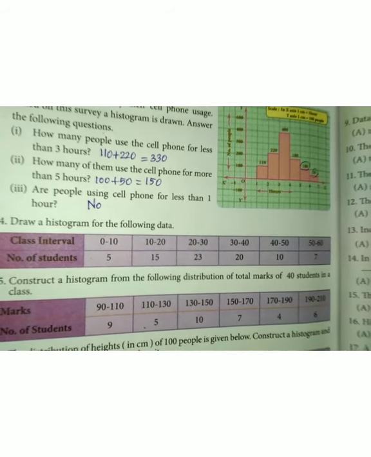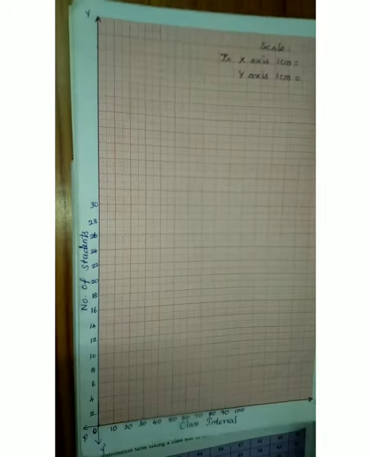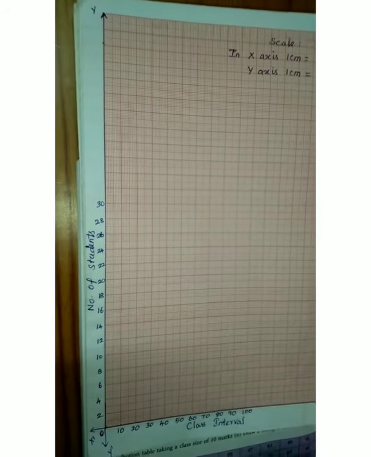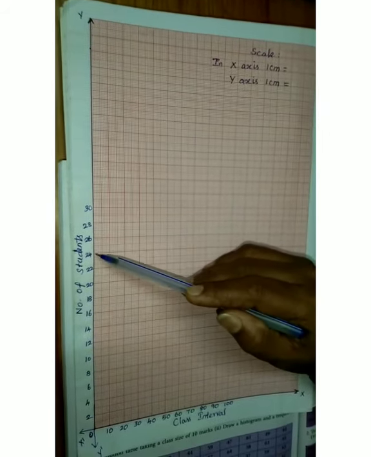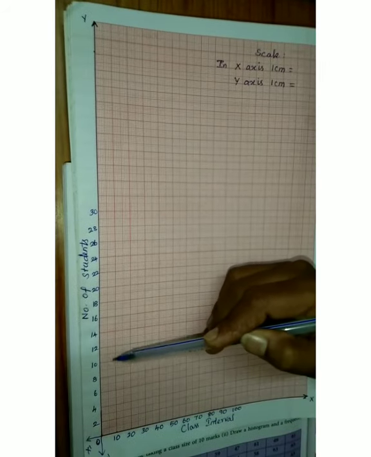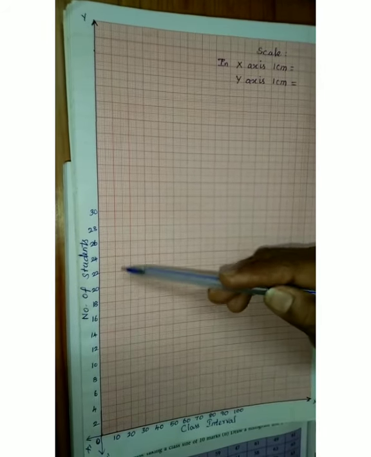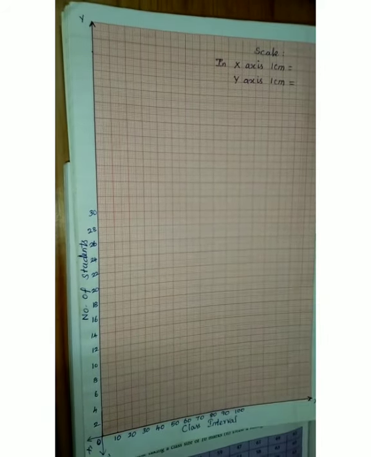Class intervals are given 0 to 10, 10 to 20, till 60 is given. So we have written till 100, and here for number of students we have taken 2 units. Till 23 is given, so we have taken 2 units. If you want, you can take it as 5 units on the y-axis. So we can draw the histogram by using the given tabular column.